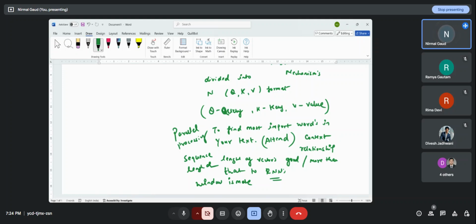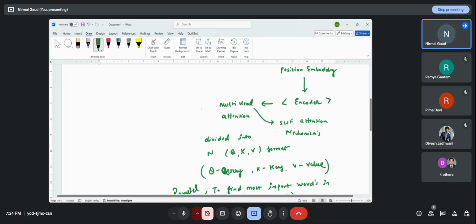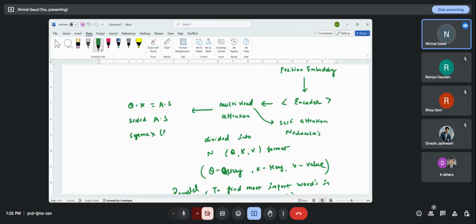So with this QKV, what happens in multi-head self attention is we take the dot product of Q and K. Here we get attention scores. These attention scores are scaled or normalized, then given to softmax so that their values convert to between 0 and 1.